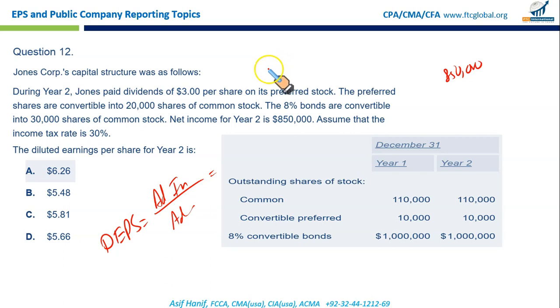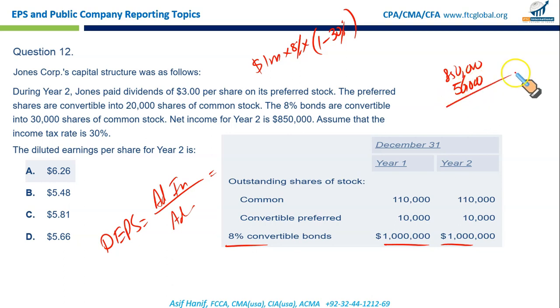What is the figure for interest? $1 million, right, multiplied by 8% times 1 minus tax rate, which happens to be 30%. So if you add back the interest saved when these bonds are converted, you get 56,000, right? So this is the numerator.